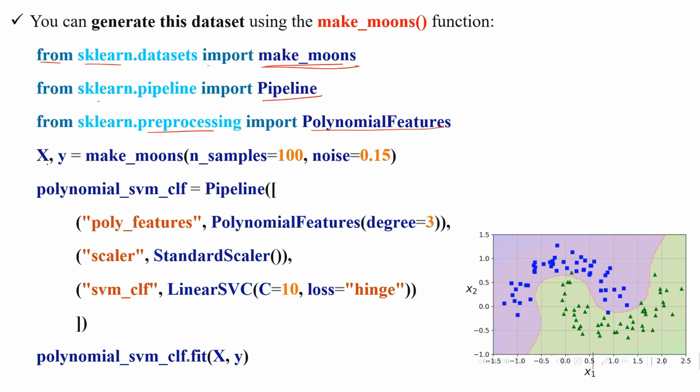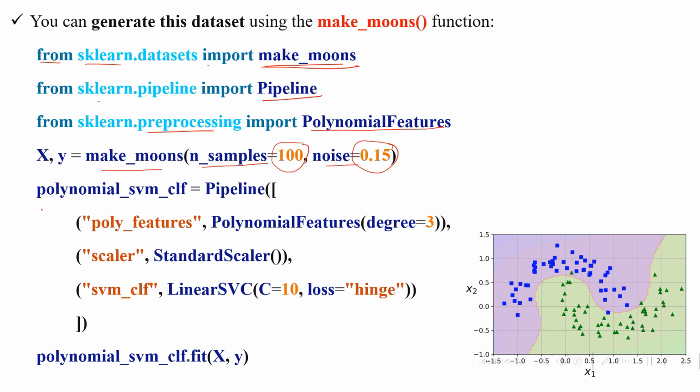Then we divide the data into X and y, where X is the features and y the corresponding class labels. make_moons with n_samples equal to 100 and noise equal to 0.15. So there are 100 points with noise 0.15, and we are creating a dataset that looks like a half moon.